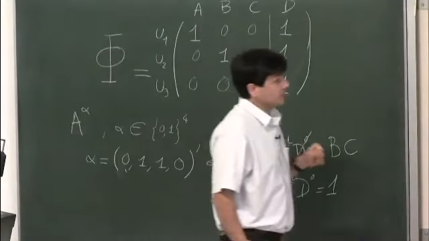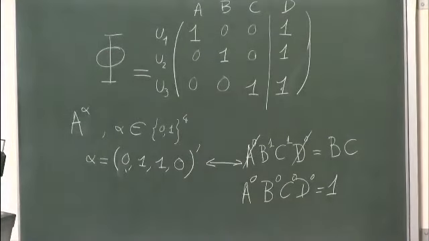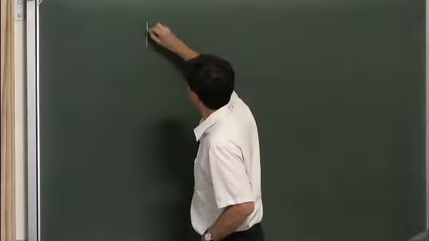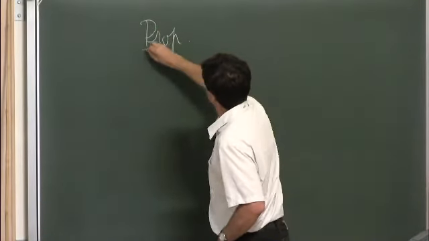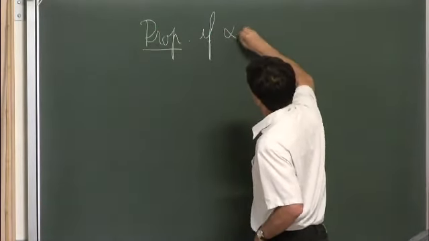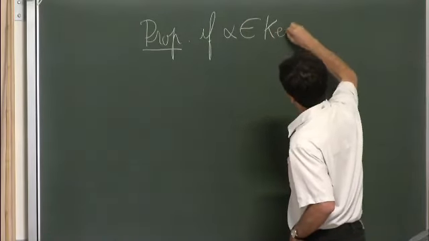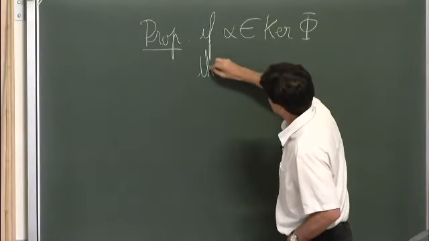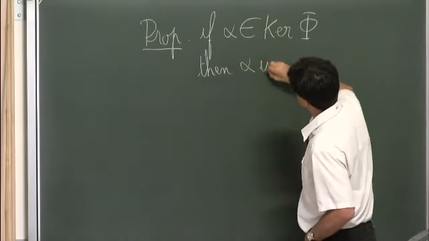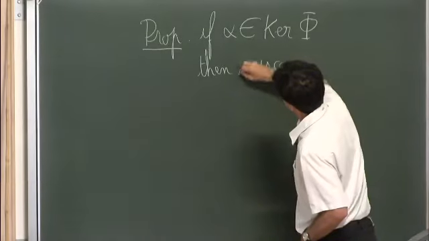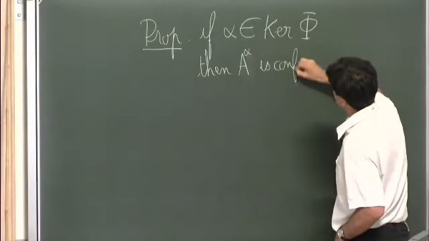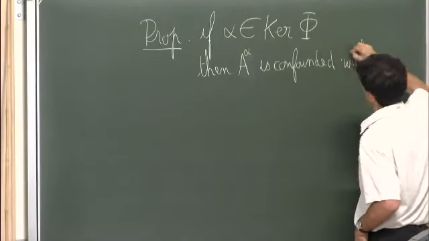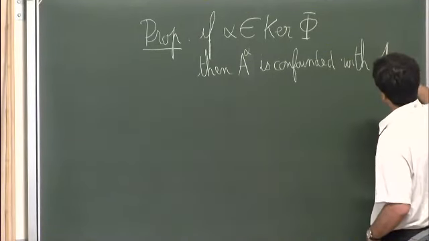So the important property is that if alpha belongs to the kernel of the matrix phi, then a to the power alpha is confounded with 1, the general mean.